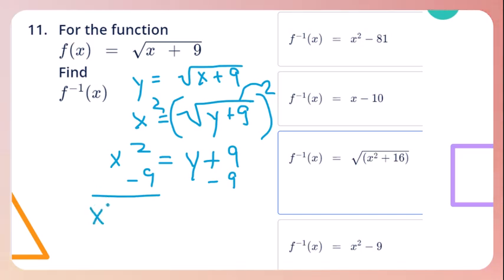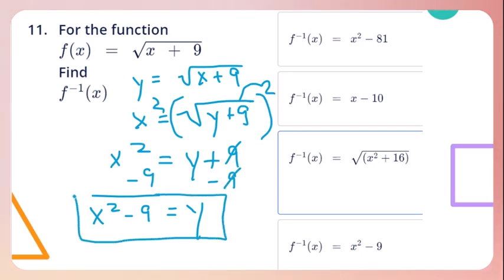So we have x squared minus 9 is equal to y. The 9 minus 9 is 0. All right, so here is the inverse. We need to replace y with f inverse x, because that's what we just found. So f inverse x equals x squared minus 9. Let's see if we can find that. It's right here.